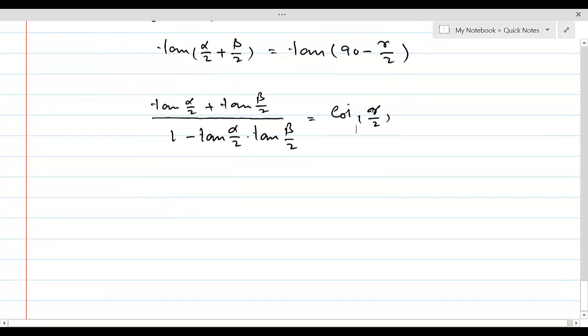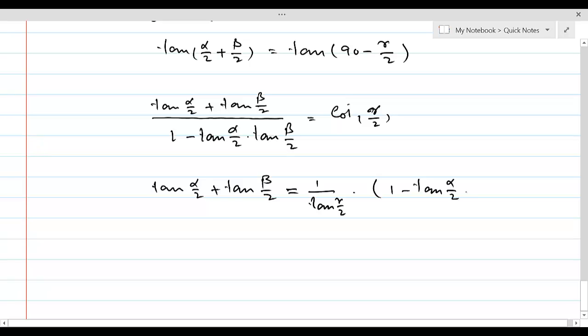And cotangent is in fact 1 over tan, so let's write that down. Tan alpha by 2 plus tan beta by 2 is equal to 1 over tan gamma by 2 times 1 minus tan alpha by 2 into tan beta by 2.